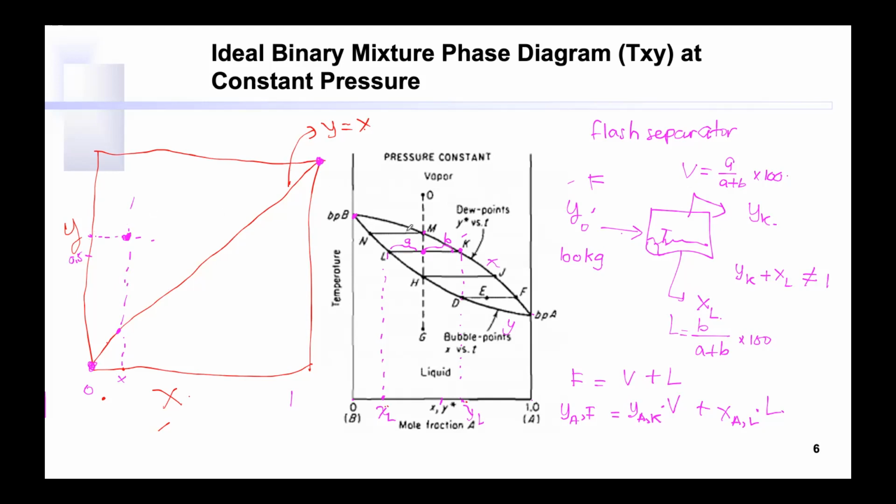Okay, let's try another one. Let's see the pair between N and M. N may be just a little bit less than X, so maybe I'm going to put it here.